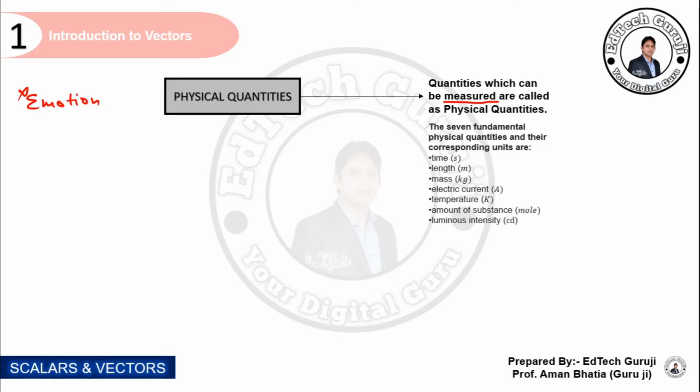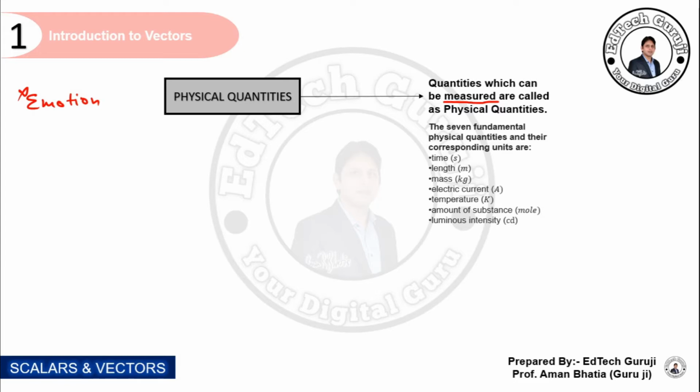See, I'm just going through a very quick recap because we have studied all this. So I'm just making it a little more clear to you. So these are the 7 fundamental physical quantities. Fundamental means, student, that these quantities are not dependent on any other quantity or even each other. They are independent and they are complete in their own manner.